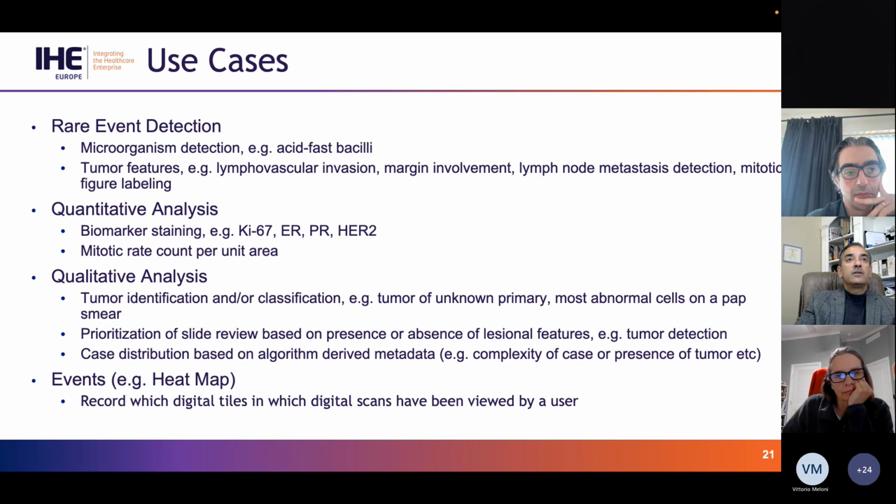Of course, there are already many quantitative analyses that occur digitally today that in the United States are approved by our Food and Drug Administration, our regulatory body, including biomarkers for breast cancer, such as Ki67, estrogen receptor, progesterone receptor, HER2/neu. But being able to count mitotic rates has application in other areas as well, such as neuroendocrine tumor analysis and prognostication.